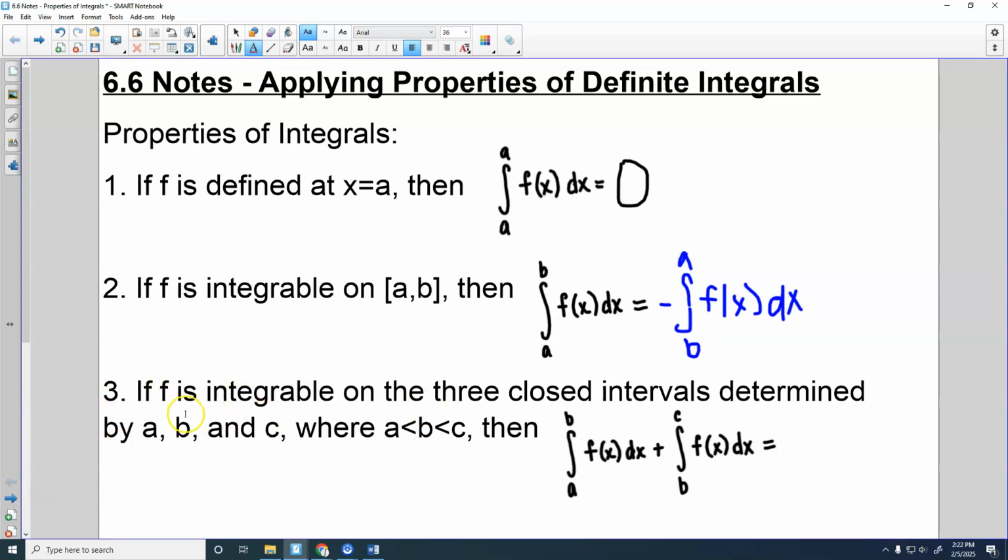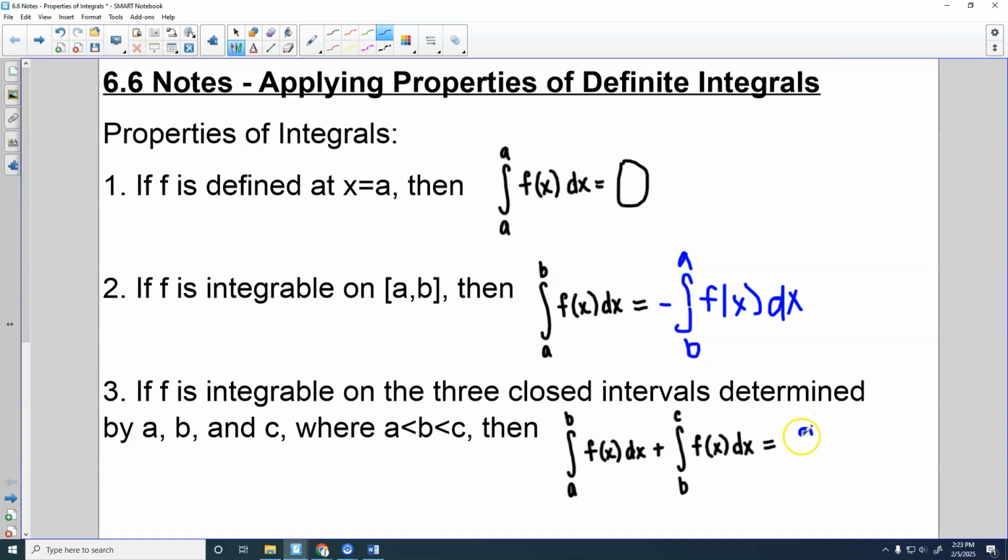Okay. For 3, if f is integrable on the closed intervals determined by a, b, and c, where a is less than b less than c, then the integral from a to b of f of x plus the integral from b to c of f of x. Anybody want to take a guess at what that is?